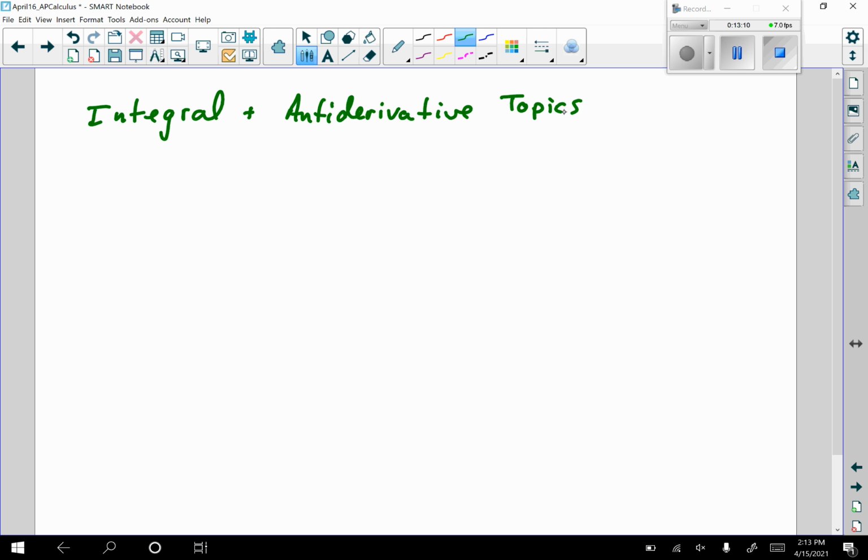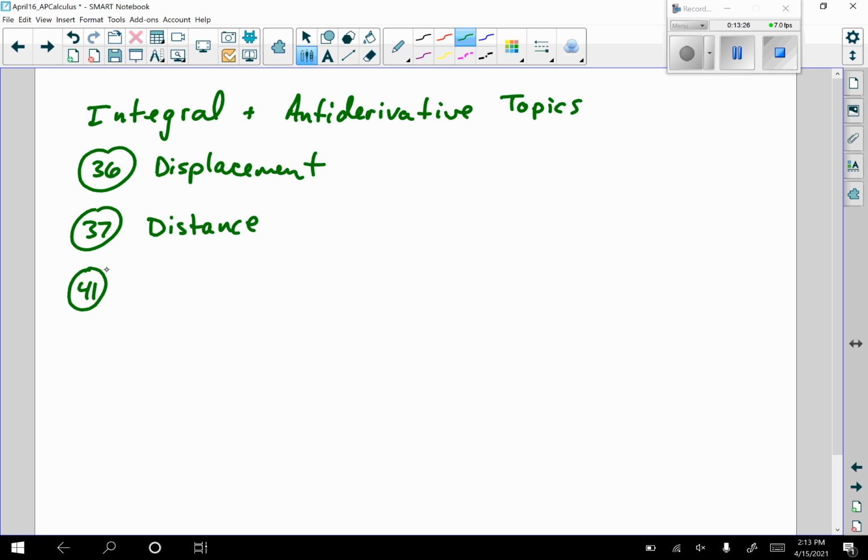And then go to item 36, which talks about displacement. 37 talks about total distance. And then eventually we're going to get into 41, and it might be related to what we're going to do today. So item 41 as well. So I'm going to go over those in a little bit as we go through our problems, but just have those flashcards handwritten out handy for you.